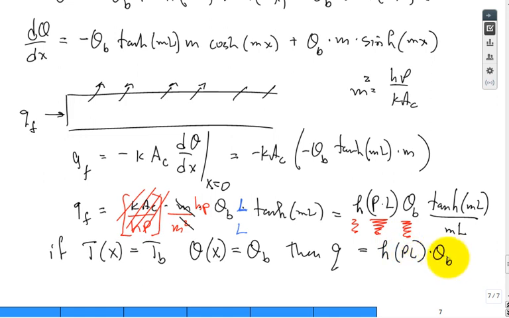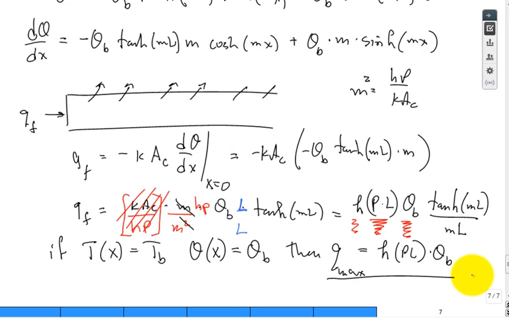That would be the maximum Q that the fin could give if the fin was super high conductivity and everywhere was the same temperature. The heat is easily conducted. There's no temperature cooling as you go down the fin.